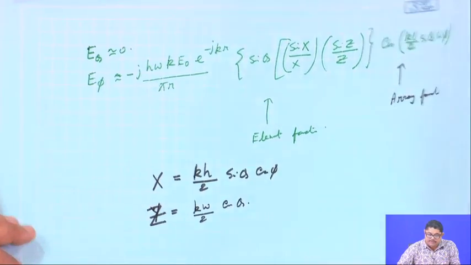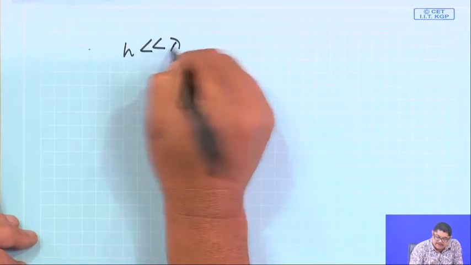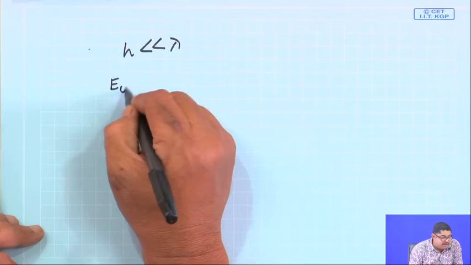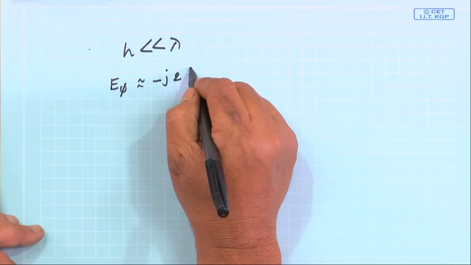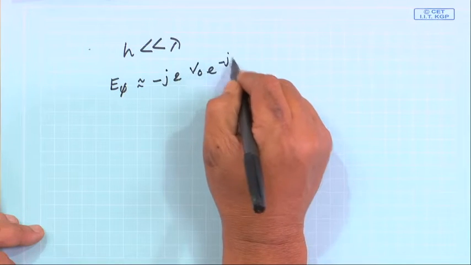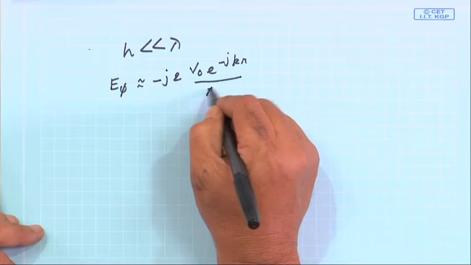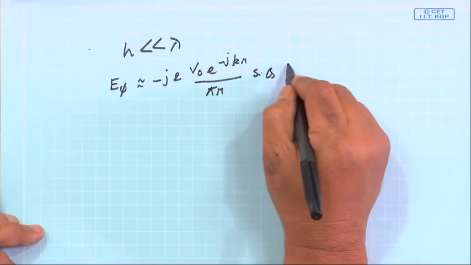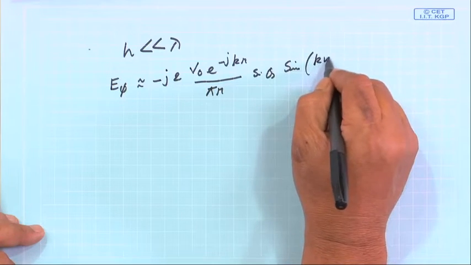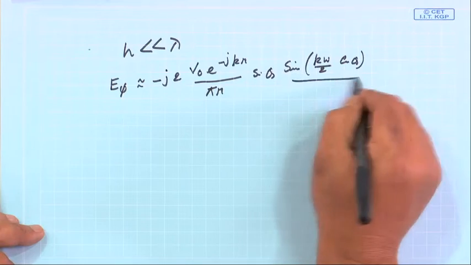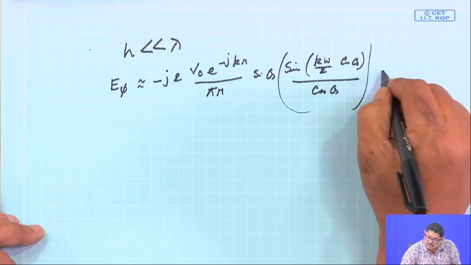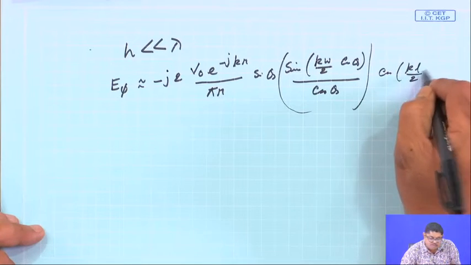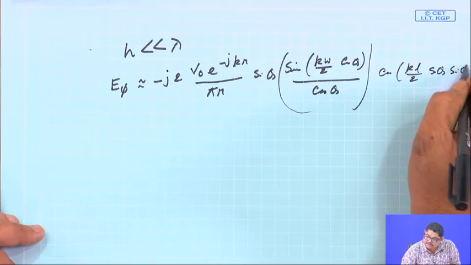So for h much smaller than lambda, E phi becomes minus j 2 V0 e to the power minus j k r by pi r sin theta, sin of k w by 2 cos theta by cos theta, times cos of k l by 2 sin theta sin phi.